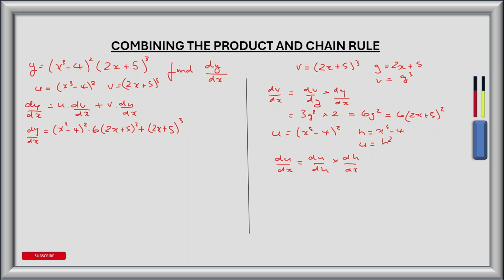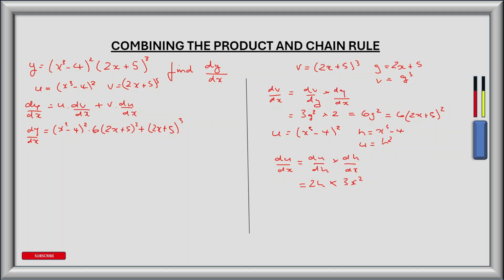So u is h squared, so du by dh is 2h multiplied by dh by dx. So h is equal to x cubed minus 4, so the derivative of that is 3x squared.